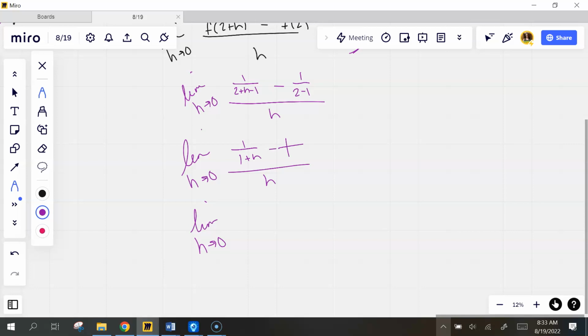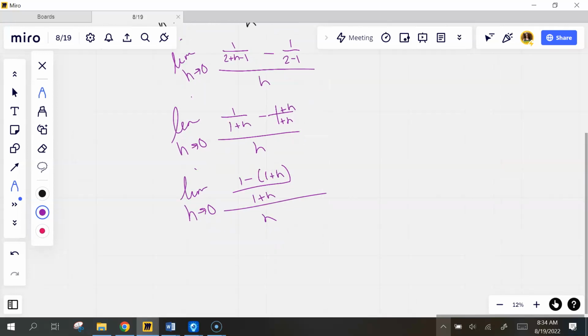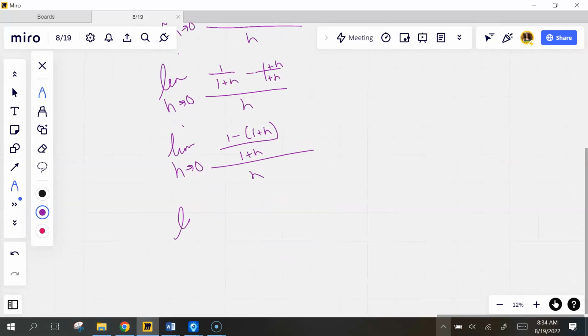So this needs a 1 plus h. Needs a 1 plus h. Just looking at the top here. So I have 1 minus 1 plus h over 1 plus h all over h. I did it to the top and the bottom.